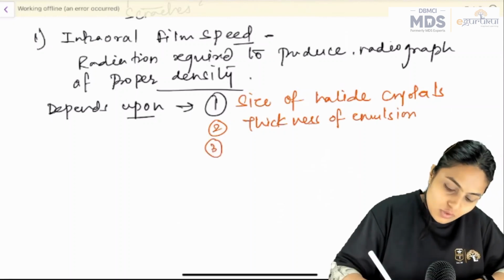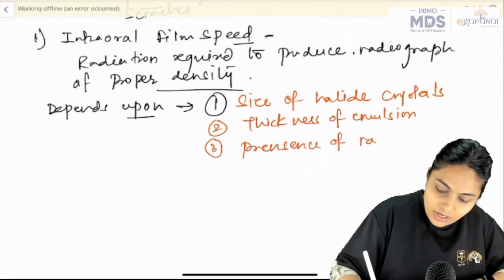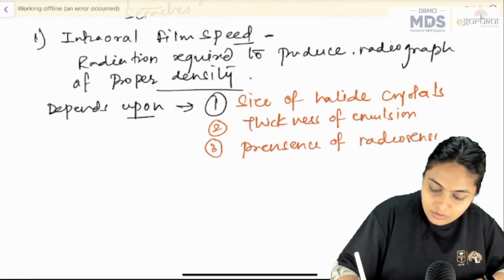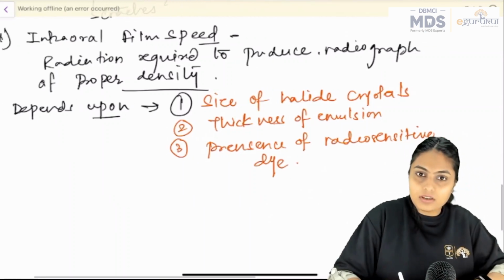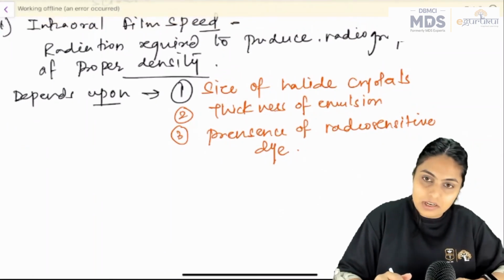Third, the presence of radiosensitive dye. Okay, so intraoral film speed depends on these three factors.